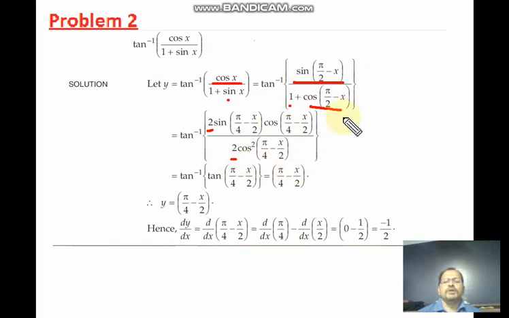Using that formula and cancelling one common factor, that is one factor of cos, and cancelling 2, we get sin upon cos, that is tan (pi by 4 minus x by 2). Tan inverse tan (pi by 4 minus x by 2) remains pi by 4 minus x by 2, and its derivative is only minus half.